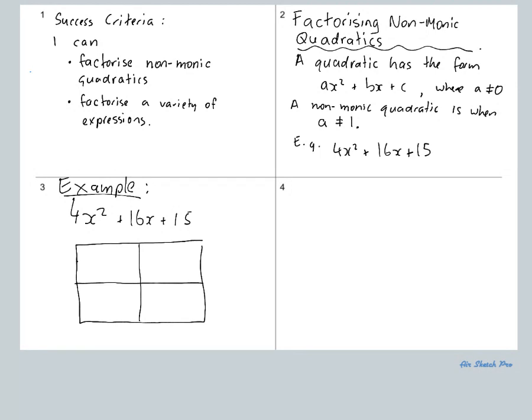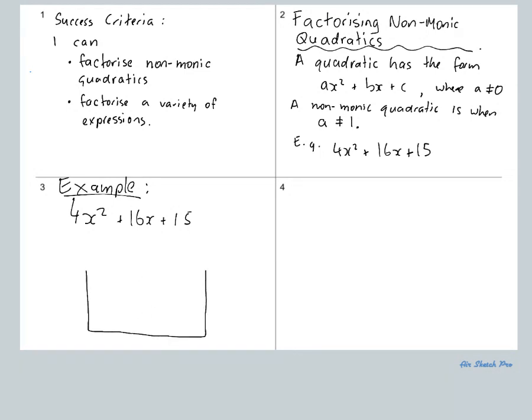That was a bit too big. I need room. So I'll draw my box up like so. And again, I identify these two corners as being the first and last term.